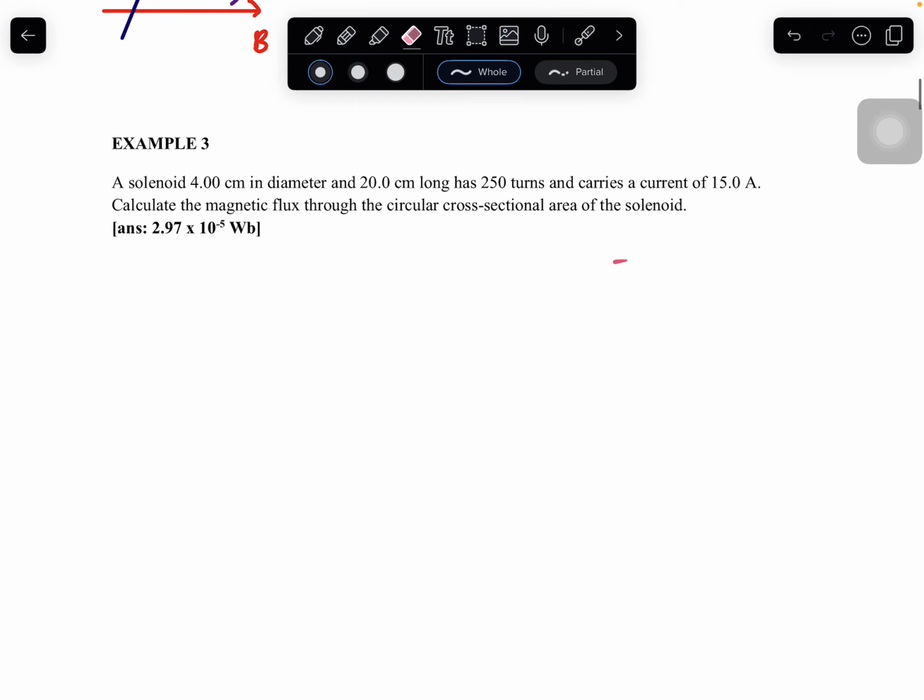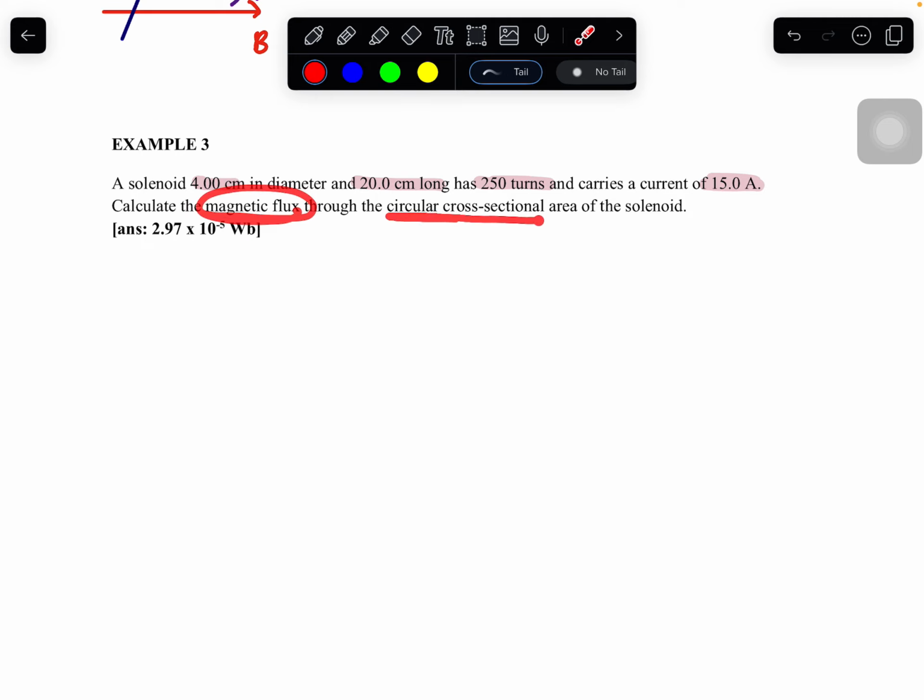Right, next one, example 3. This time we have a solenoid, 4 cm in diameter, 20 cm long, has 250 turns and carries current of 1.5 ampere. Now calculate the magnetic flux through the circular cross-sectional area of the solenoid.